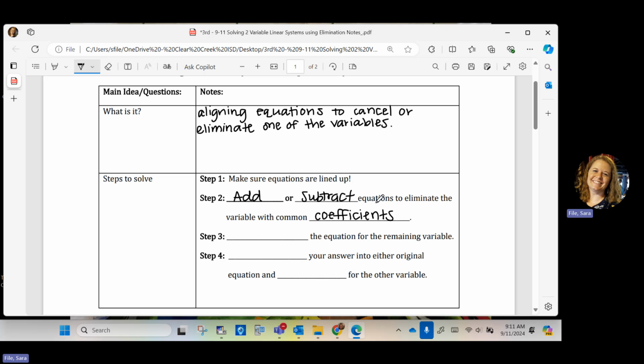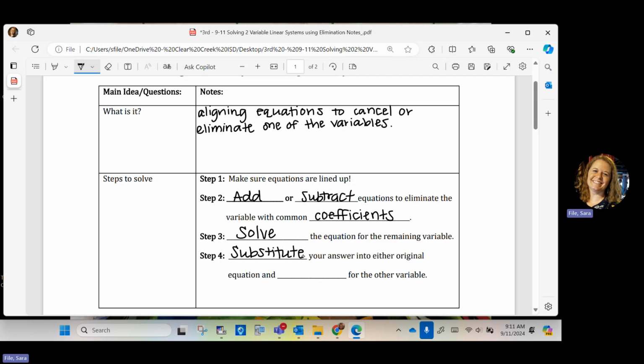Once we do that addition or subtraction and eliminate that set of variables, we're going to be left with only one variable, and we're going to be able to solve for that remaining variable. Now once we get x equals a number or y equals a number, whichever it is, we can go back and substitute our answer back into the original equation.